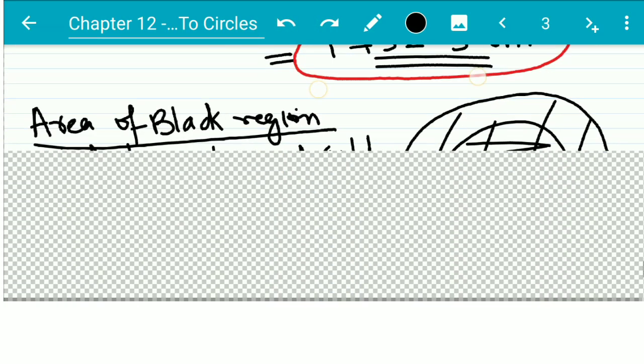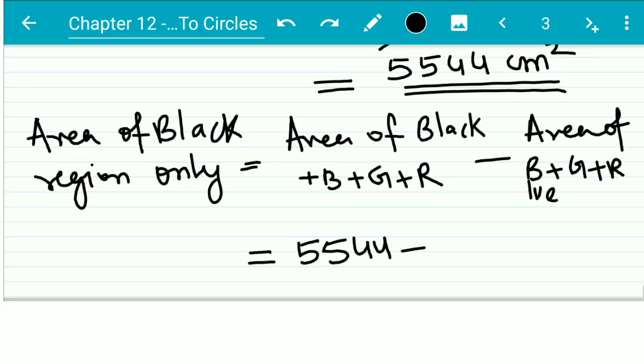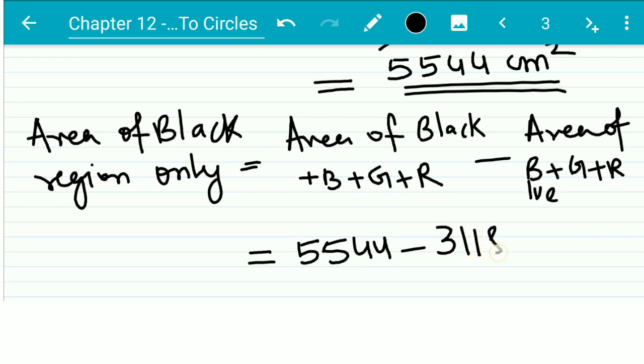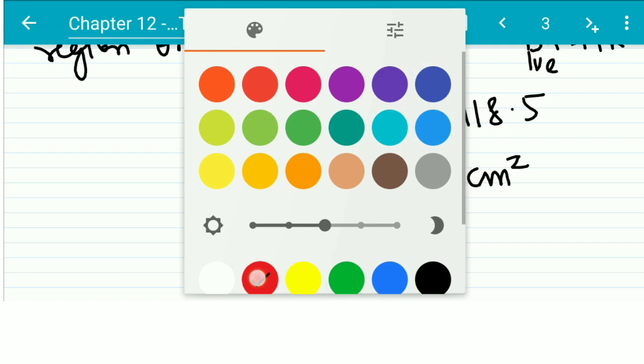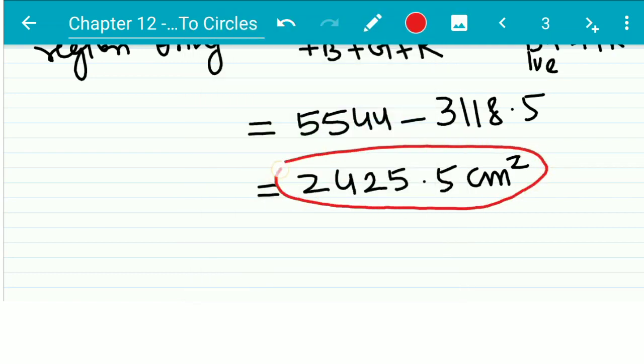So subtract that. Minus 3118.5. Answer is 2425.5 centimeter square. Now this is the main answer. Area of black region only, 2425.5.